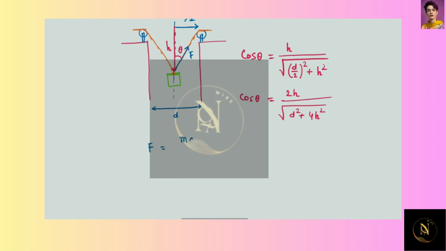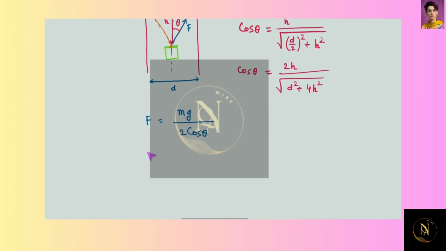F equals mg by 2 cos theta, and in this case cos theta equals 2h by square root of d square plus 4h square. So I can write this as mg by 2 times 2h, and the square root part goes to the numerator, that will be square root of d square plus 4h square.